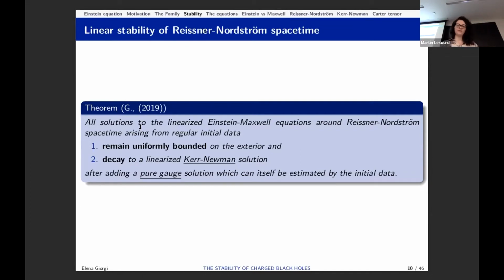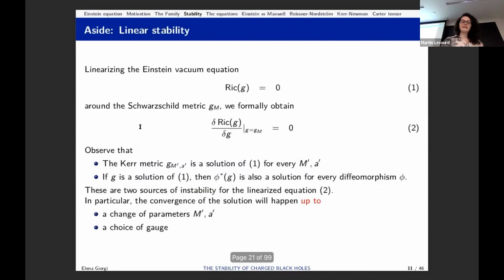You may recognize some of the words here, especially from Martin's talk, where you see that the decay is conditional, up to this Kerr-Newman solution and this pure gauge, and this was already mentioned before. As an aside, I'm going to remind you that when you linearize the Einstein vacuum equation, or the Einstein-Maxwell equation, it's the same thing around a solution, you will always have two sources of instability.